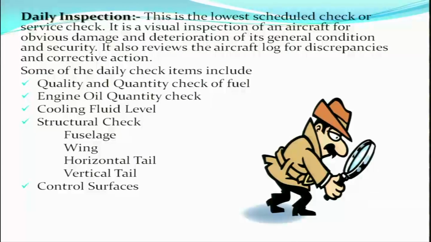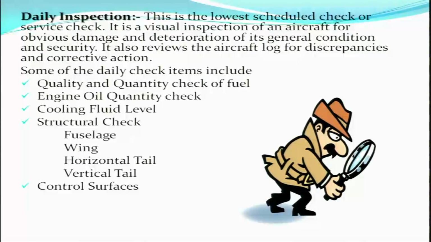We also check whether the quantity of the fuel in the fuel tanks is sufficient to carry out the flight. Then we check the engine oil quantity. The oil quantity should be within the specified limits. The cooling fluid level, in case the cooling fluid is used, then we also need to check whether your cooling fluid level is as required.